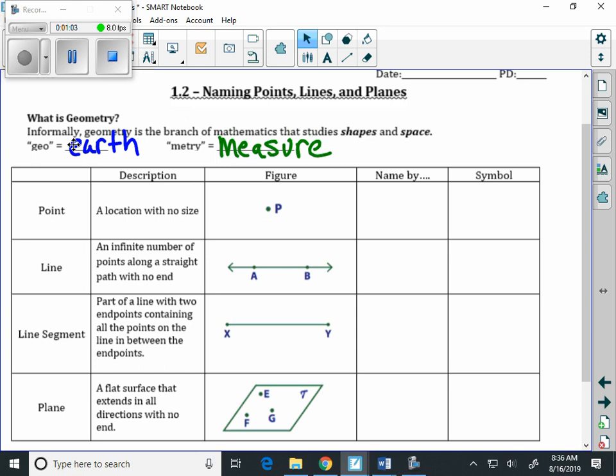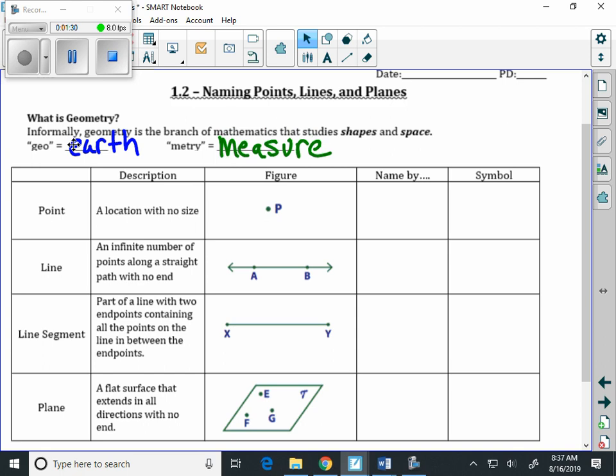But when you teach geometry, when I taught it a long time ago, we started with these definitions: the point, the line segment, the plane. And when I taught geometry a long time ago, point was an undefined term. So we've been able at least to give it a little bit more meaning now.